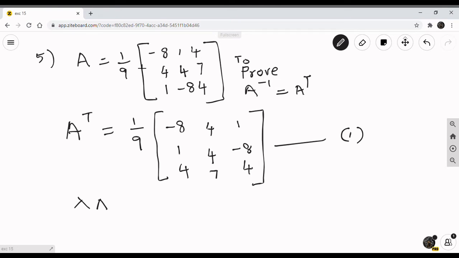Lambda A inverse is equal to 1 by lambda A inverse. This is a formula you have to note down.